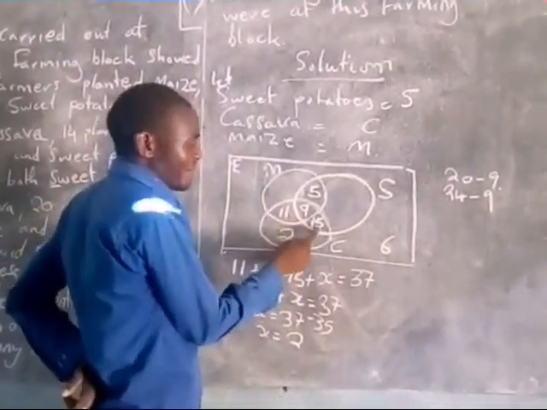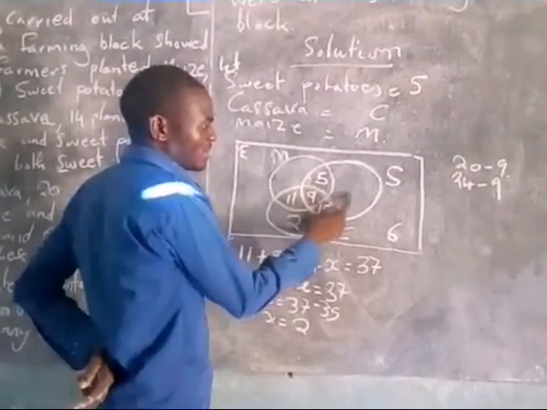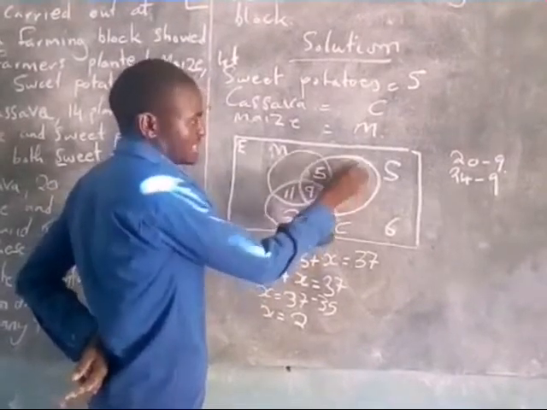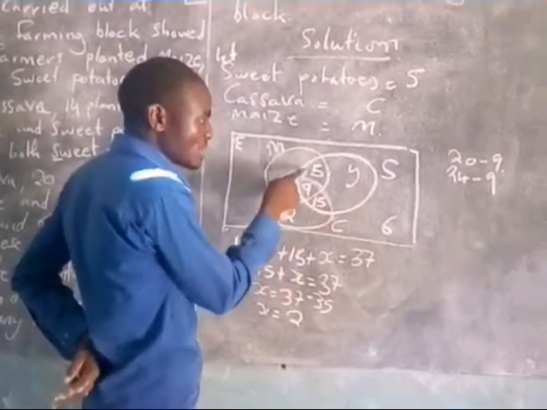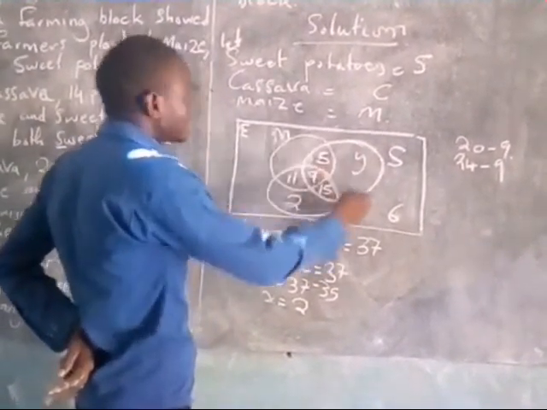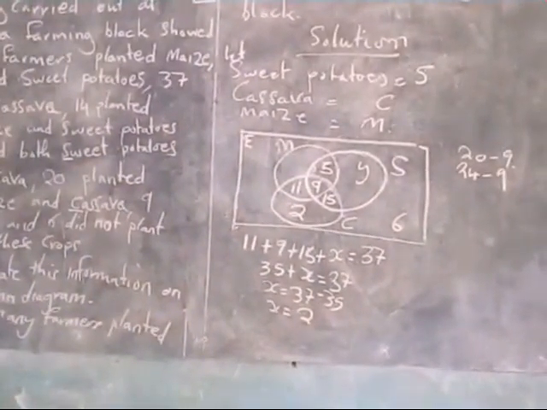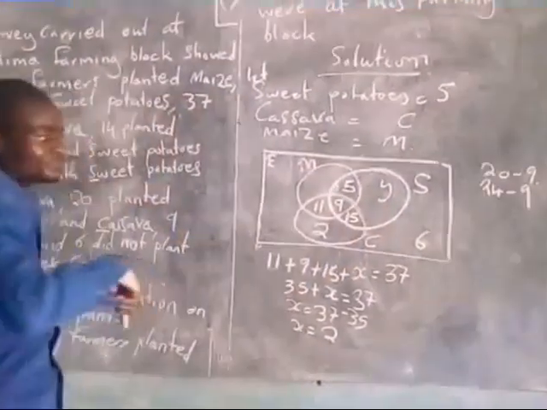So we have the number here, we have the number there, we have the number there, but we don't have the number here. For the sake of calculation, let's put this one as y. What you need to know is that when you add this plus this plus this plus this to make a complete set of sweet potatoes, the answer is 32. So what is the value of y, which we don't know?